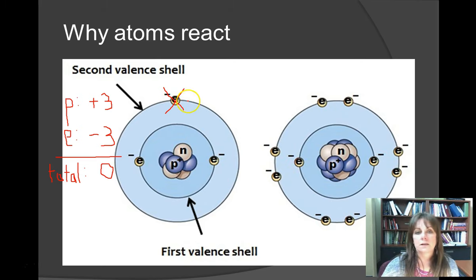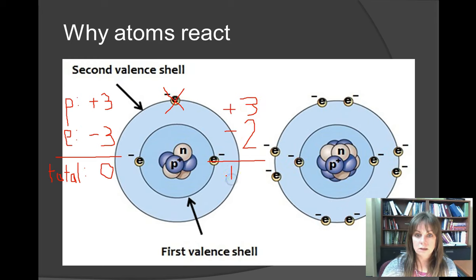Okay, so let's count up again to see what the overall charge is. So overall charge, 1, 2, 3 protons, so we still have plus 3. But now let's count our electrons. We've got 1, 2, so that's going to be minus 2. And so what is 3 minus 2?